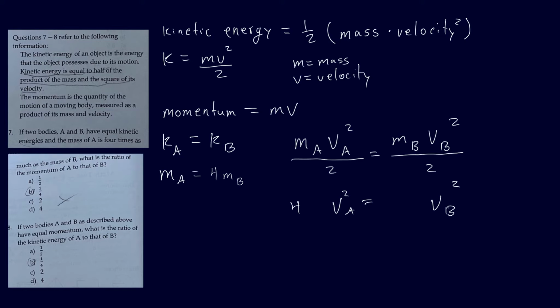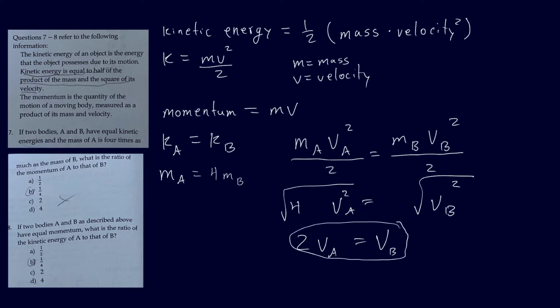And now I'm going to find the square root of both sides. So the left side is going to become 2v of A equals v of B. And so this seems like another useful fact. Okay, so now that I've listed out a bunch of facts, I am going to try to solve the question.